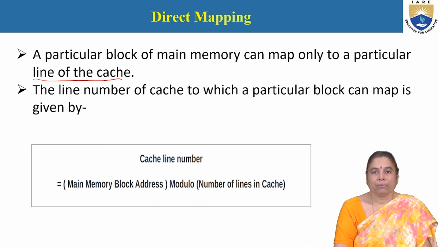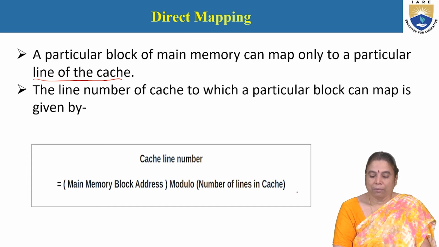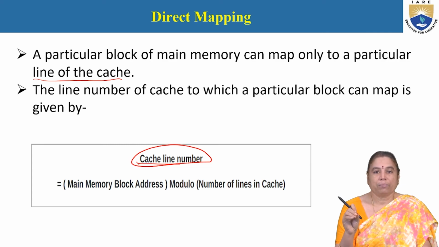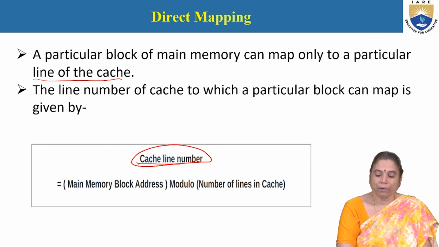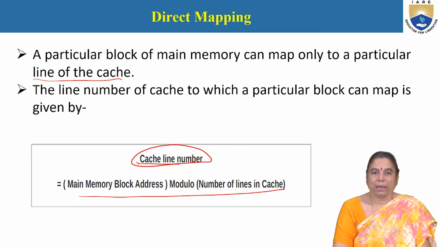The line number of cache to which a particular block can be mapped is determined with the formula: cache line number equals main memory block address modulo number of lines in the cache.